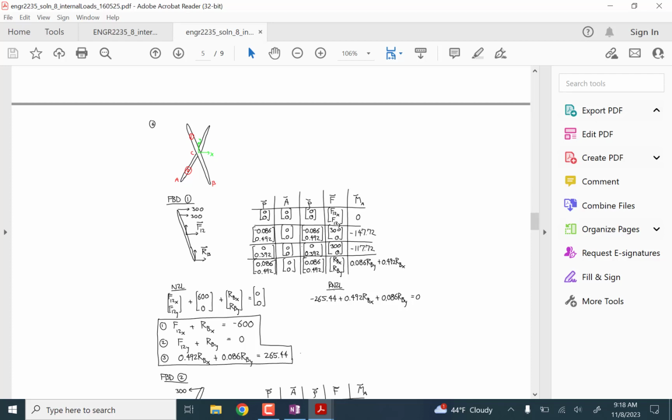But P is the coordinates of the point where the force is applied. A is the coordinates of the about point. And if you figure those out, then you can just subtract and it'll give you the row vector. So that's how I used to write out this table, but now I just skip all that.